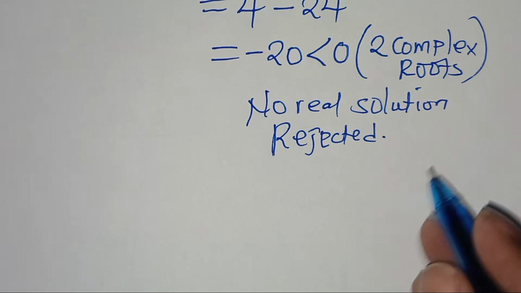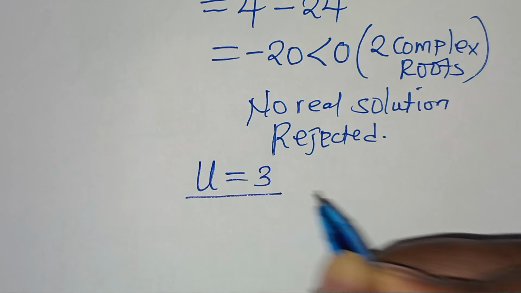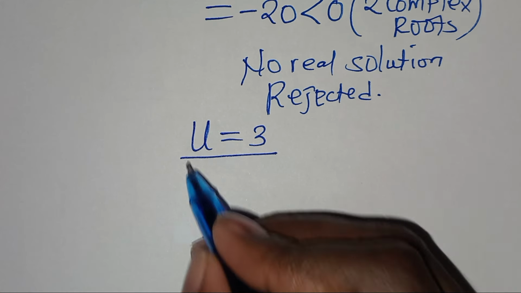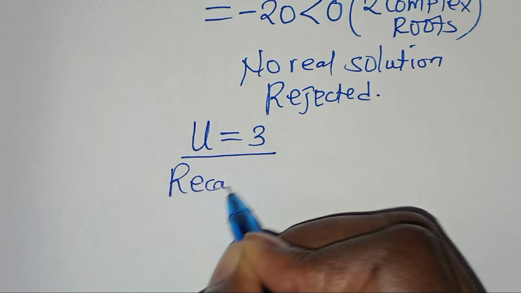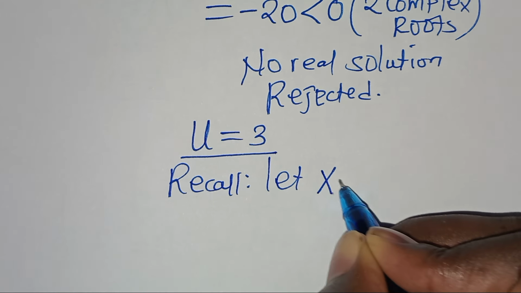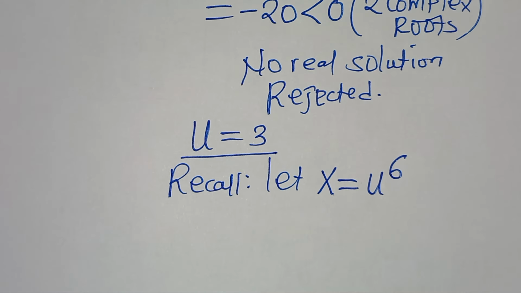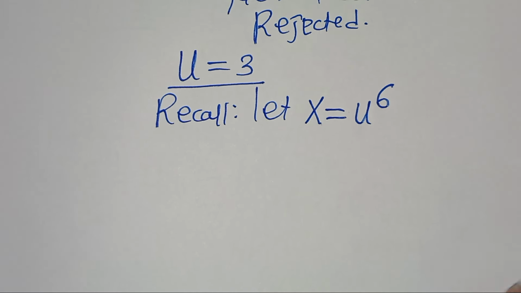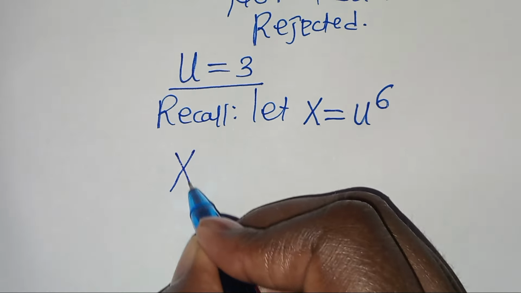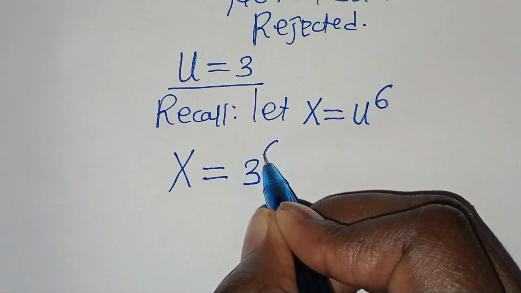So let's focus on u, which is equal to 3. Now, if you recall, we said that let x be equal to u to the power of 6. So this means that x is equal to 3 to the power of 6.